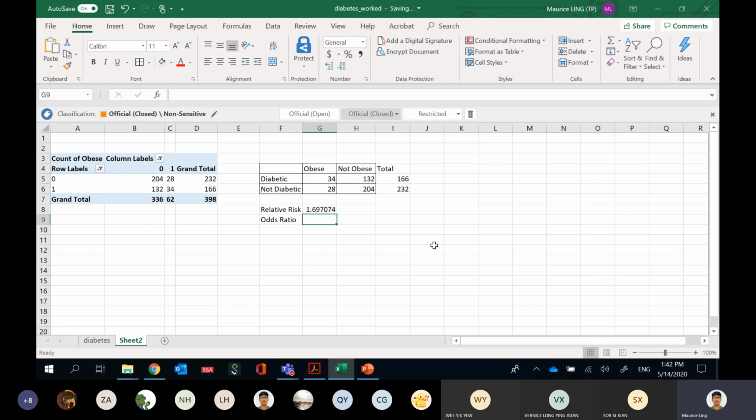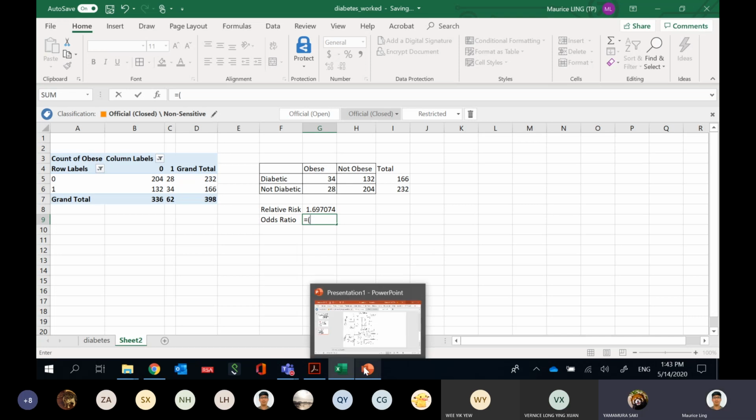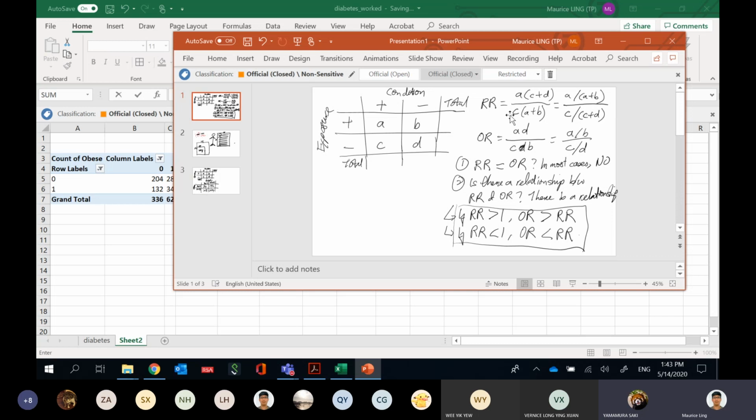Yamamura, how about odds ratio? Which one divided by which one? Okay, refer back to here, odds ratio.